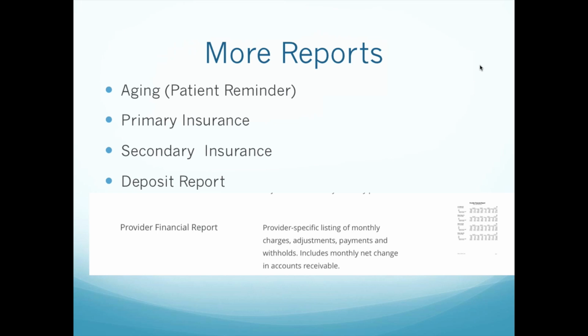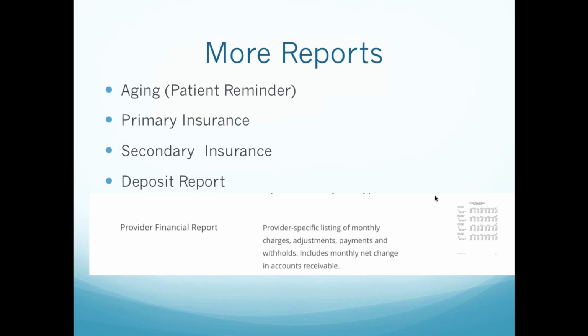I see some people work like it was before computers were invented, and it works for them, but I'm a technology guy. I want the computer to work for me. I don't want to work for the computer. So I highly recommend that you clean up your AR and always look at your patient remainder aging, your primary insurance aging, and your secondary insurance aging.